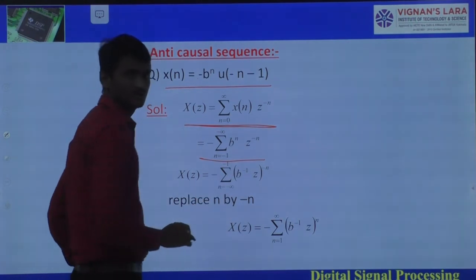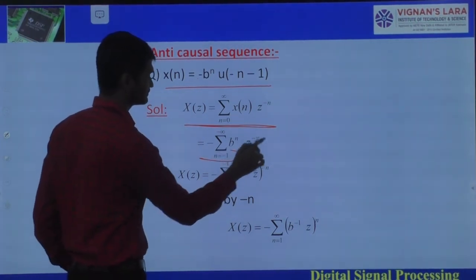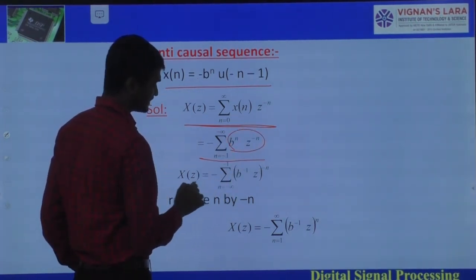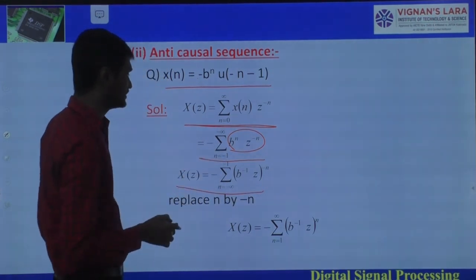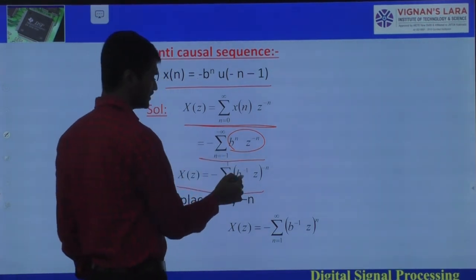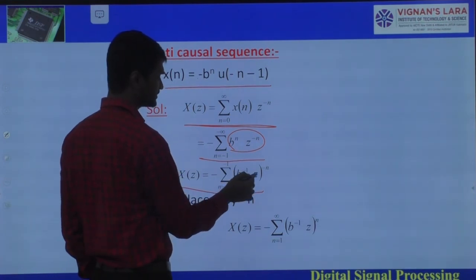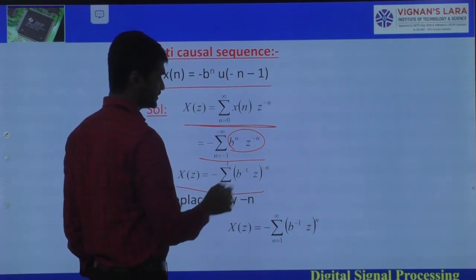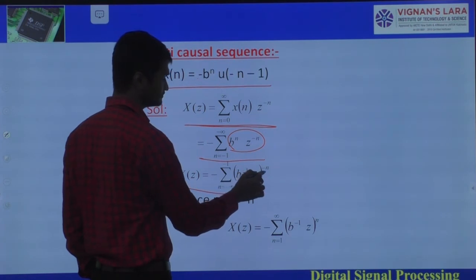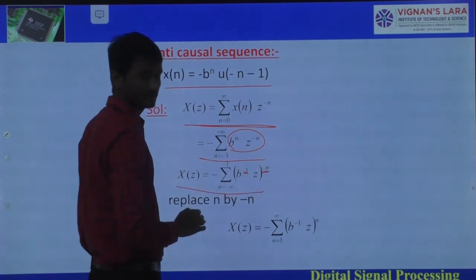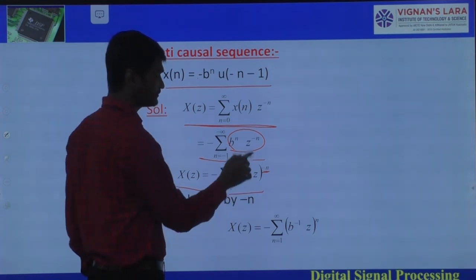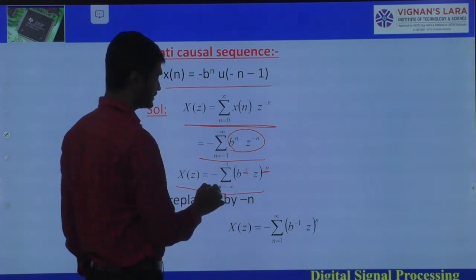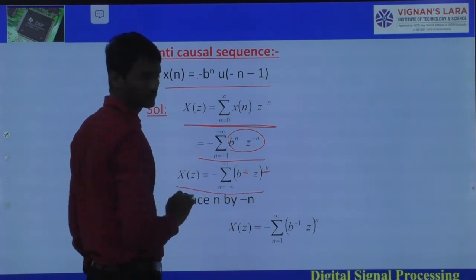Now I am representing this by changing the limits. So here it is b power n and z power minus n, that is minus of, and the range is from minus infinity to minus 1 only.